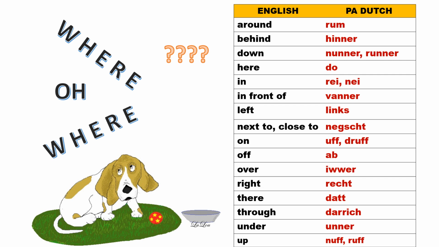We had done some who, some what. Now we're doing where. I think we had done some when also before. I hope you have fun practicing these. And by the end of your practice, you should be able to tell people where they're going, where you have been, and so forth. Okay, have a good day and have fun practicing. Mach's gut.